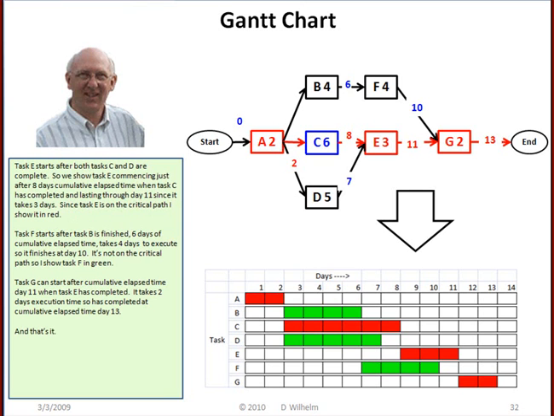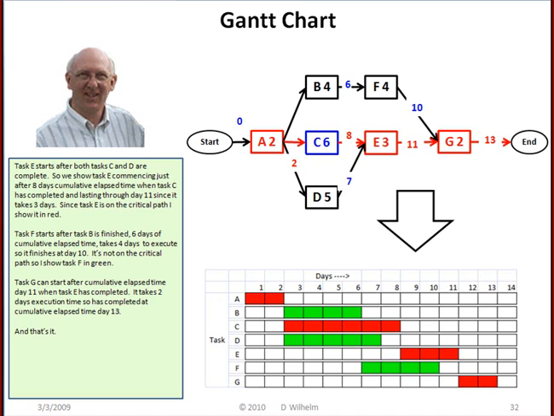Task E starts after both tasks C and D are complete. So we show task E commencing just after 8 days cumulative elapsed time when task C has completed and lasting through day 11 since it takes 3 days. Since task E is on the critical path, I show it in red.